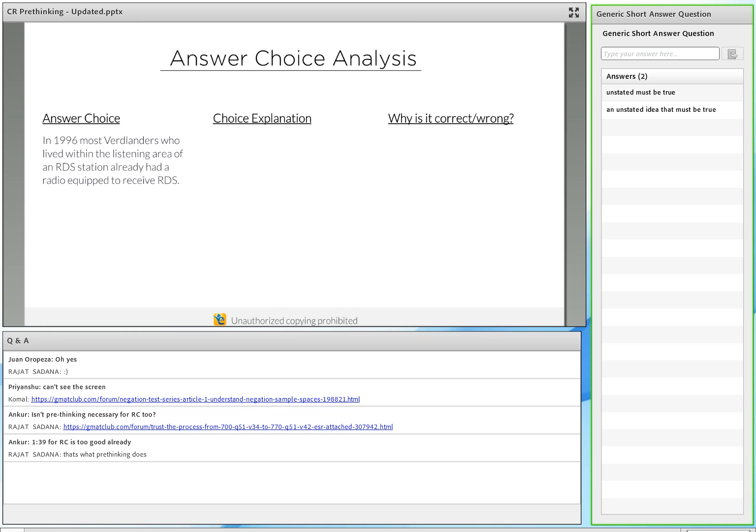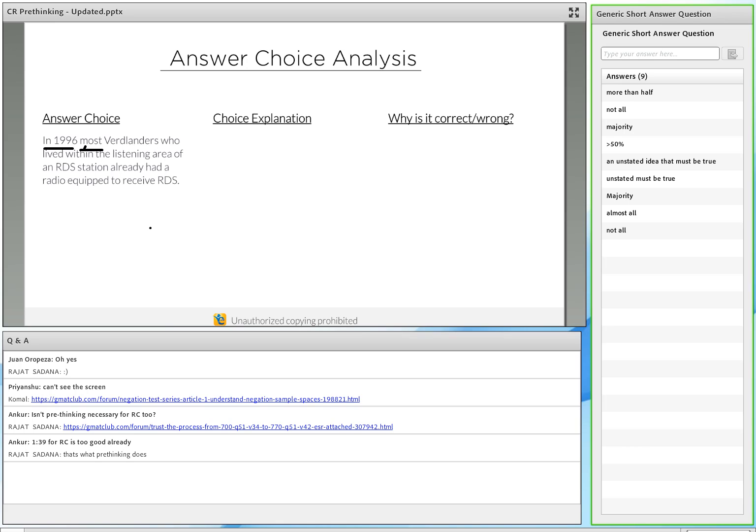Choice B says, in the year 1996, most Worldlanders who lived within the listening area, and let's go there. In the year 1996, most Worldlanders. What does the word most mean? Mathematically or logically? Greater than 50%, more than half. Yes, absolutely. Right? Most means more than half.